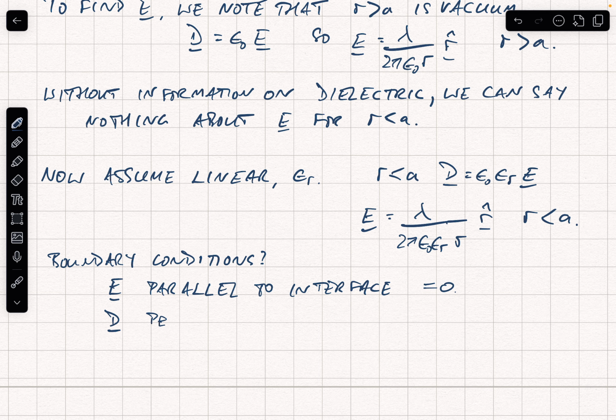Well, its components perpendicular to the interface are conserved because D is the same throughout space, perpendicular. So even though there is a discontinuity in the electric field, there's no breaking of the boundary conditions.